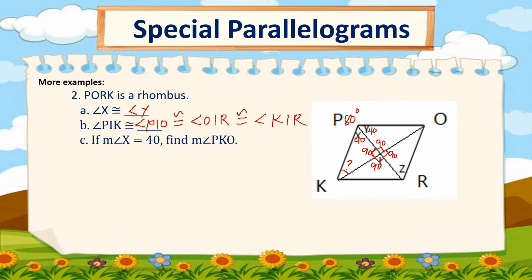So if angle P is 80, angle R is also 80 degrees. Consecutive angles of a parallelogram are supplementary. So if angle P is 80 degrees, it only means that angle K is 100 degrees. Same with angle O. So if angle K is 100 degrees and diagonals bisect opposite angles, then the measure of angle PKO is equal to half of 100 degrees, which is 50 degrees.